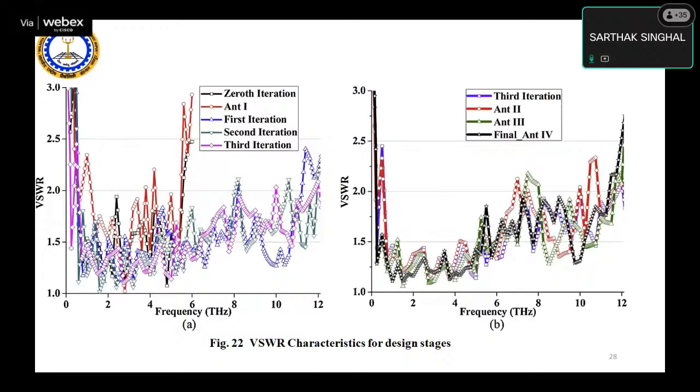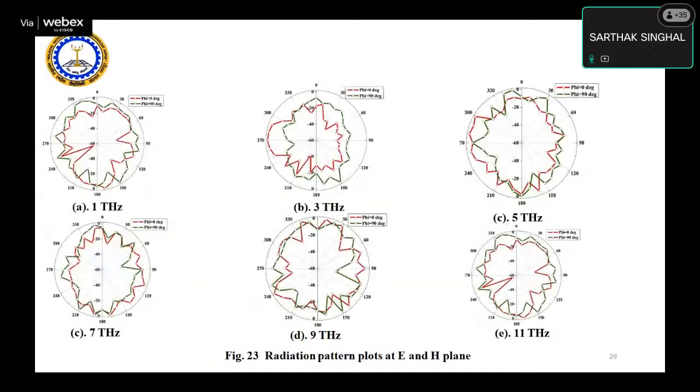These are the VSWR plots for all the design stages. Now the radiation pattern. As discussed earlier, at higher frequencies, the radiation patterns achieve a distorted nature.